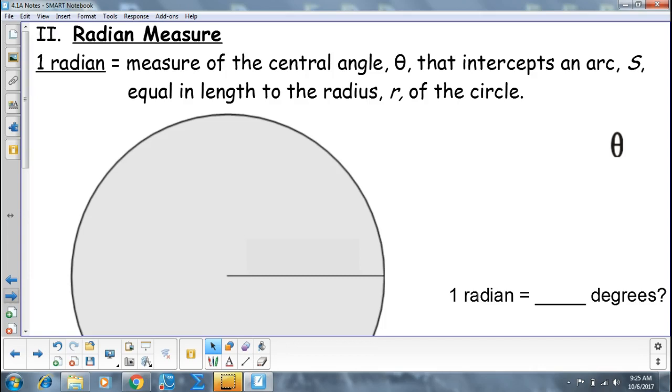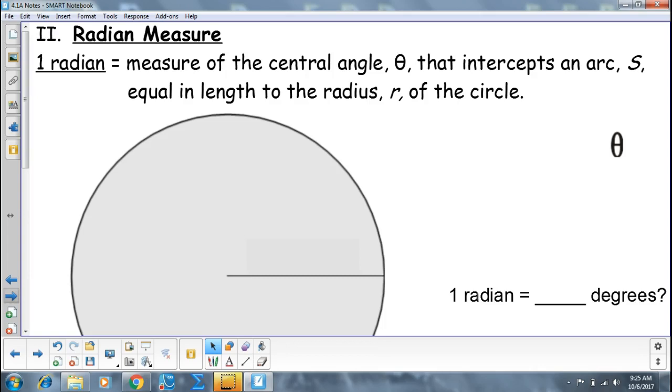So 1 radian is the measure of the central angle theta. Okay, that symbol is called theta. That intercepts an arc S equal in length to the radius r of the circle.